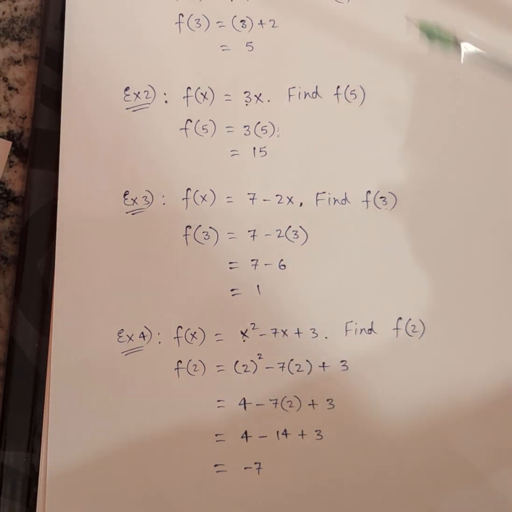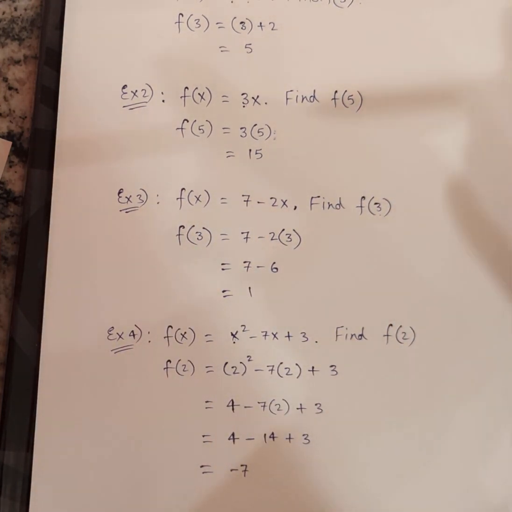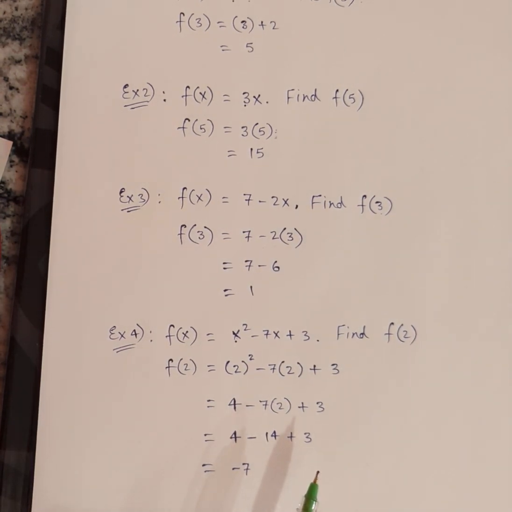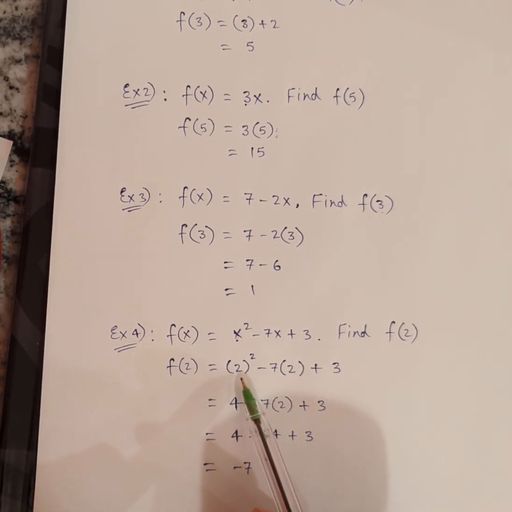So I think the biggest challenge in evaluating functions is to use the order of operations appropriately. And one thing you could do to make things easy is to use parentheses for x.